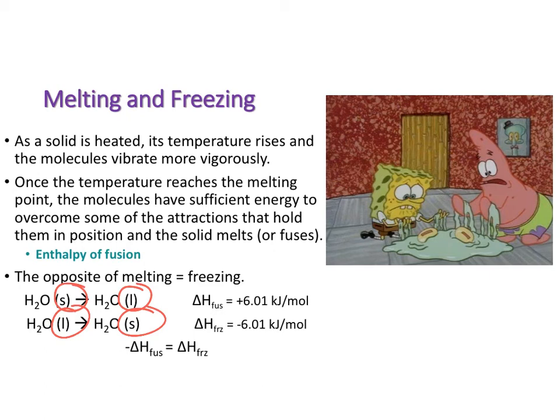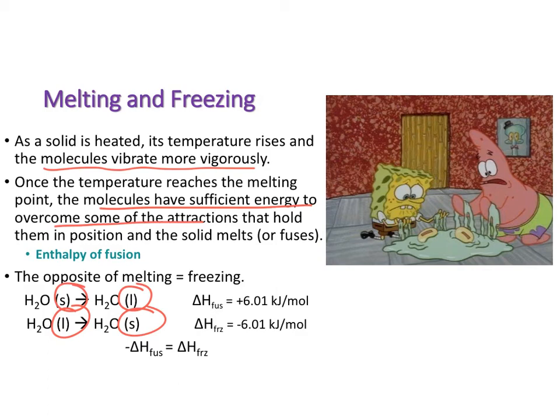So as the solid is heated, its temperature rises and the molecules will begin to vibrate more vigorously. As they vibrate, they will reach something called the melting point if you're going from solid to liquid. At this point, the molecules have enough energy to overcome the IMFs that hold them together, right? And this causes them to turn into a liquid instead.